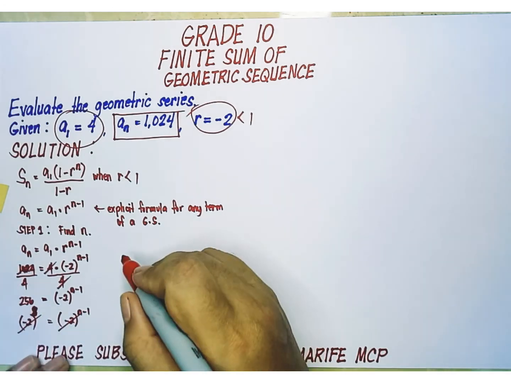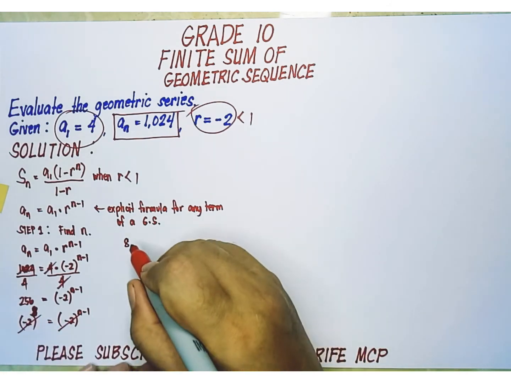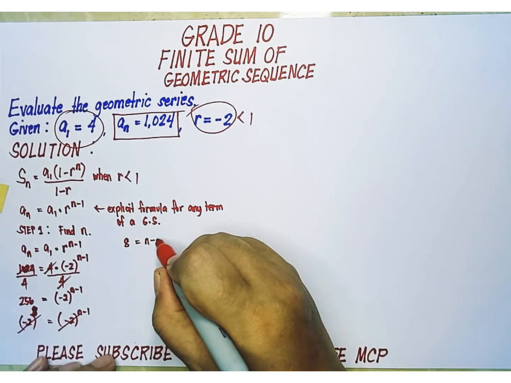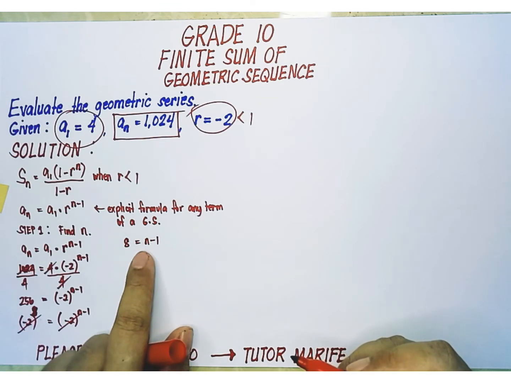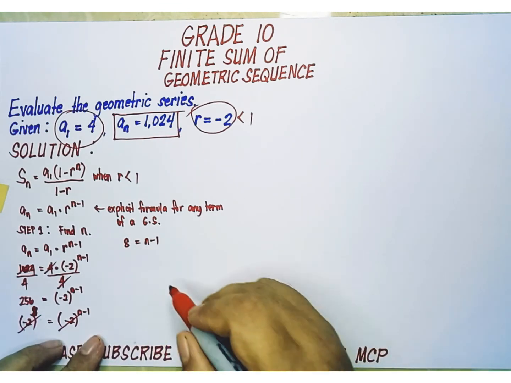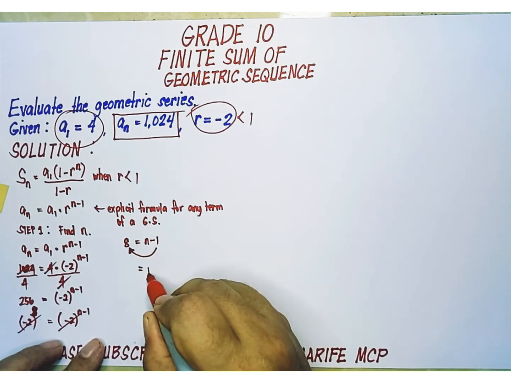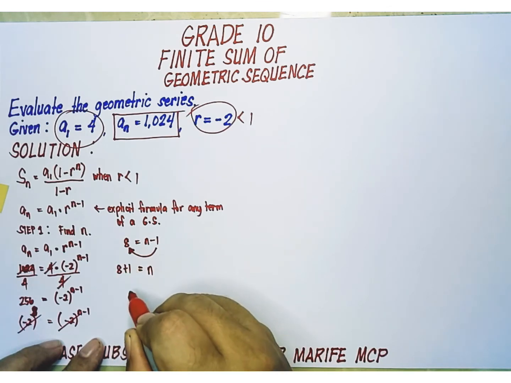Okay, so we equate the exponents. Exponent on the left is 8. Exponent on the right is n minus 1. Naging simple linear equation in one variable. We solve for n, transpose negative 1 to the left para ma-isolate na yung n, 8 plus 1.